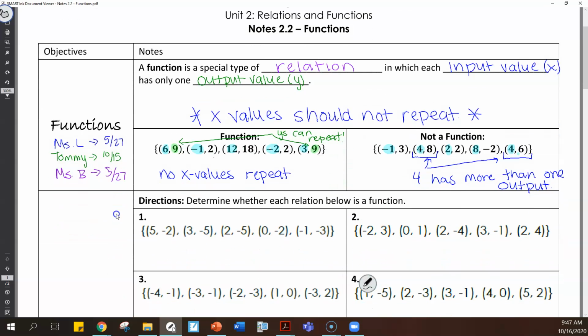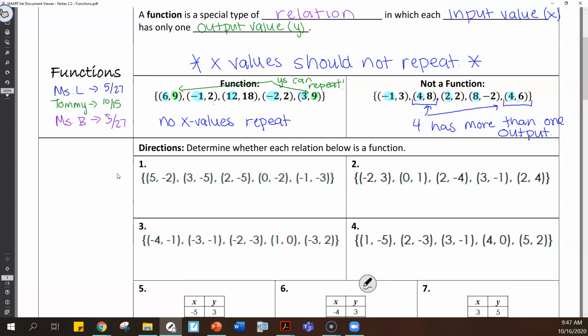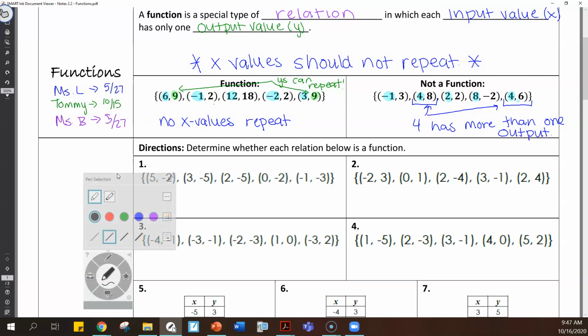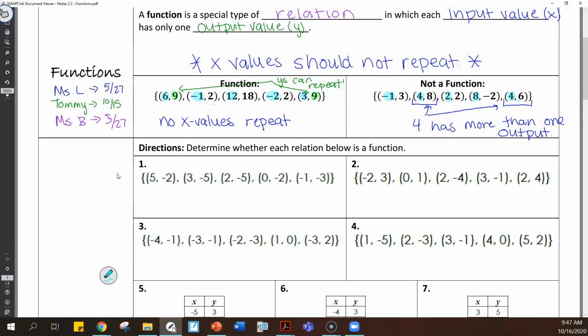Okay, so let's take a look at a couple of examples. I'm going to do number 1 and number 3, and then I'm going to let you try number 2 and number 4. So remember that I'm looking at my x values. I have 5, 3, 2, 0, and negative 1. None of these repeat, so this is a function.